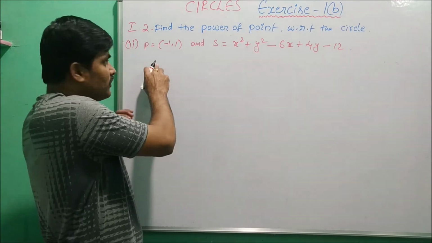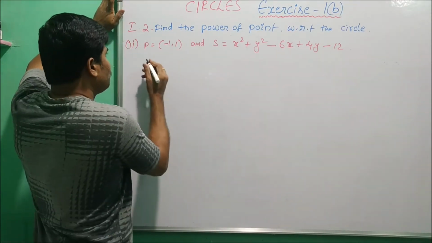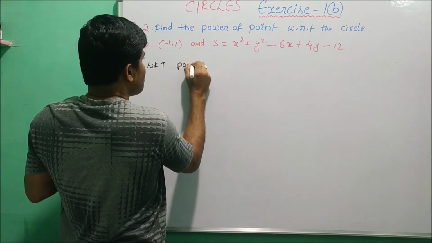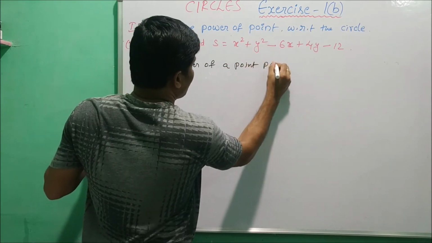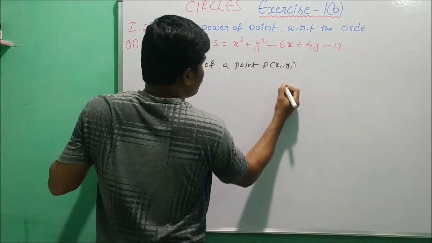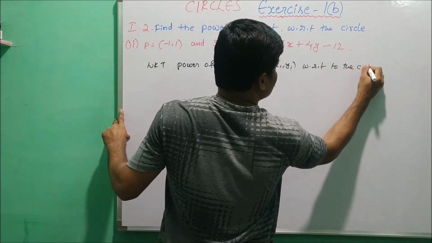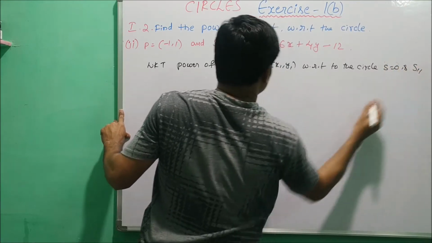Now the second one, here also to find the power of the point. First we know that the power of a point P(x1, y1) with respect to the circle S = 0 is S11.